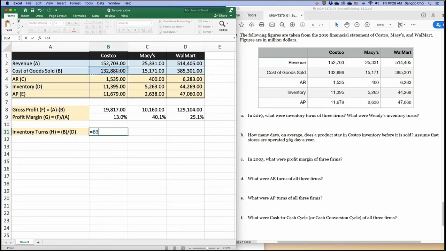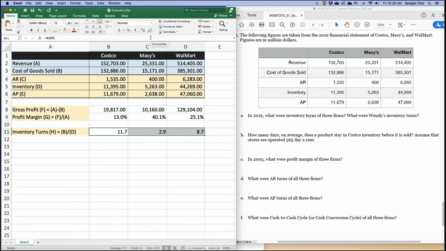Cost of goods sold divided by inventory. Then for Costco, we have almost 12 cycles. Macy's, we have almost 3 cycles. Walmart, we have almost 8.79 cycles.